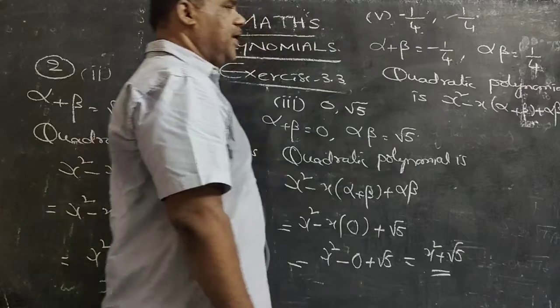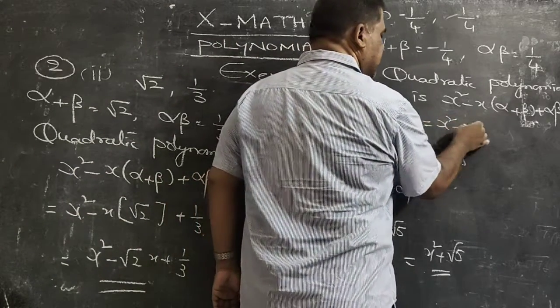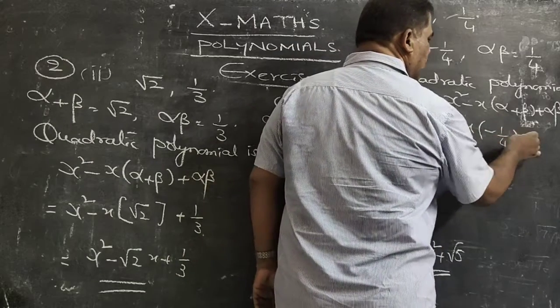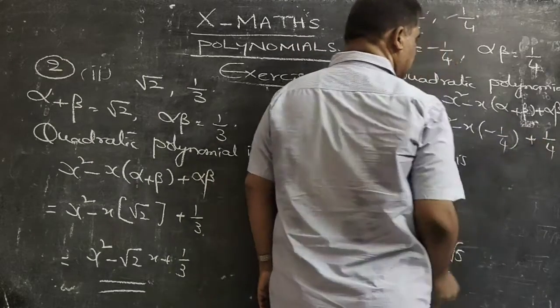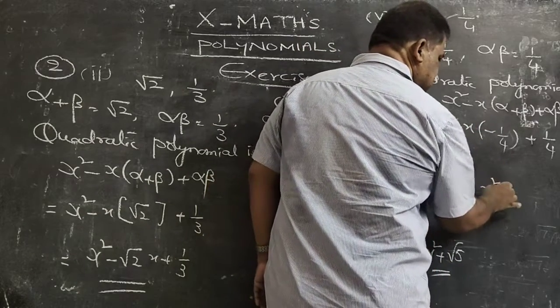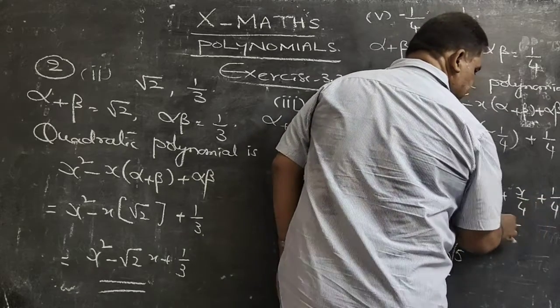That is the formula to find the quadratic polynomial. So x square minus x into alpha plus beta, which is minus 1 by 4, plus alpha beta, which is 1 by 4. So minus into minus becomes plus: x square plus x by 4 plus 1 by 4.